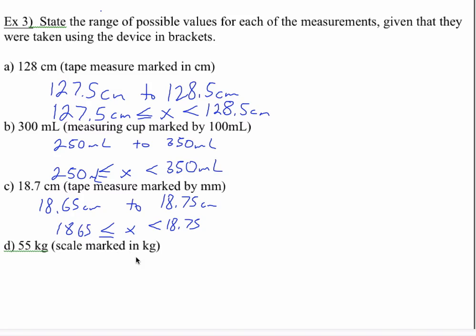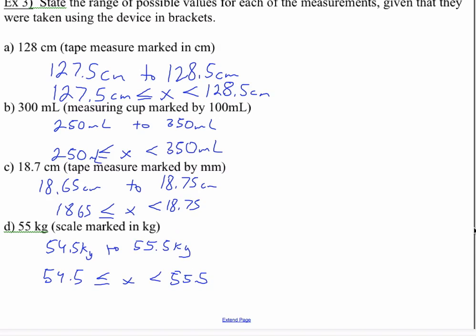Okay, so a scale marked with kilograms, this could be anywhere from 54.5 kilograms to 55.5 kilograms. Okay, 54.5 less than or equal to X is less than 55.5. Okay.